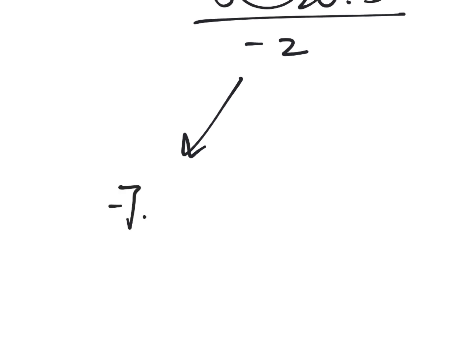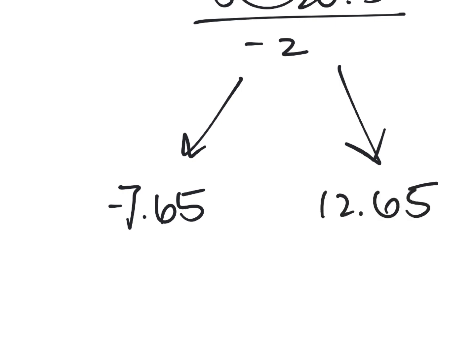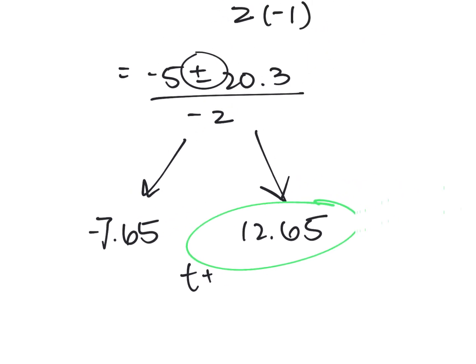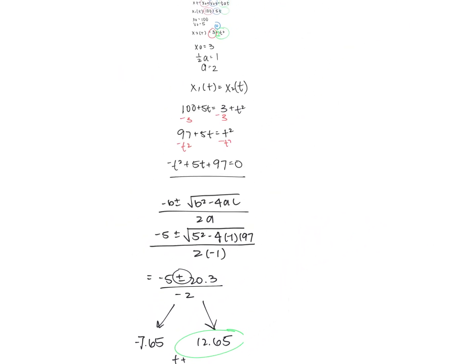One equals negative 7.65 and the other is 12.65. And because time is always positive, this is the time that these two equations have the same x.